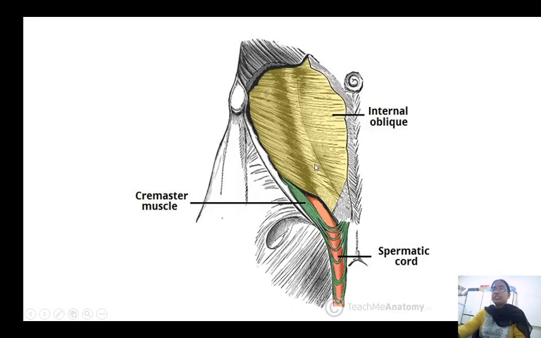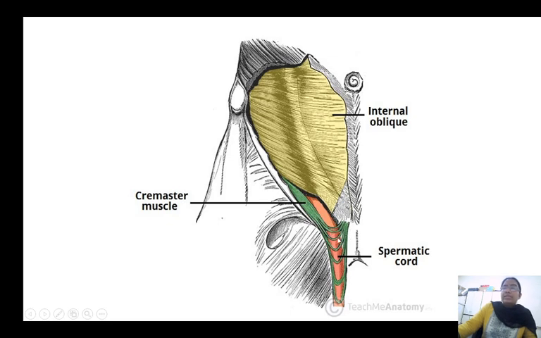One more interesting point about the internal oblique: we have said that its origin is from the lateral 2/3 of the inguinal ligament. Along with the internal oblique, there is one more muscle called the cremaster muscle. This is mostly seen in males, but it is not well formed in females.